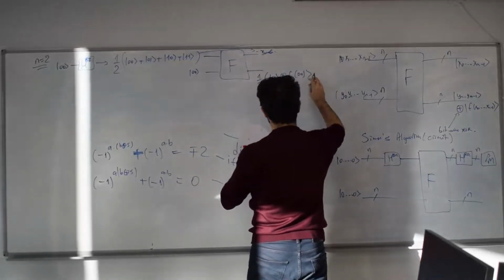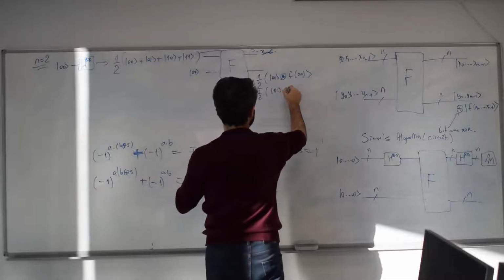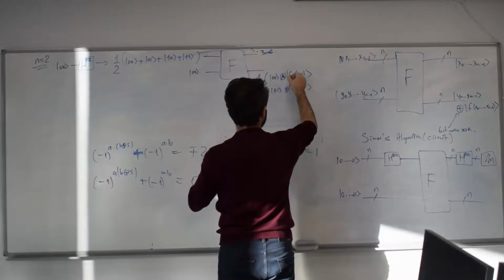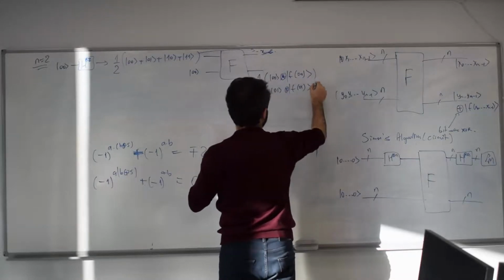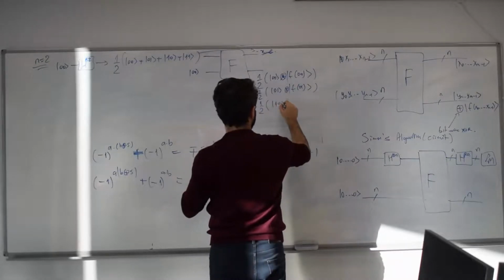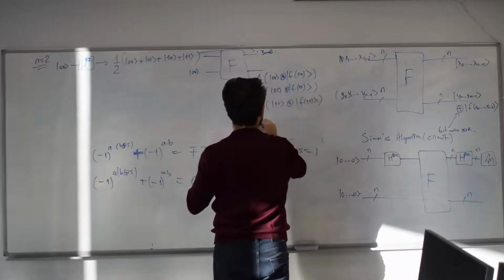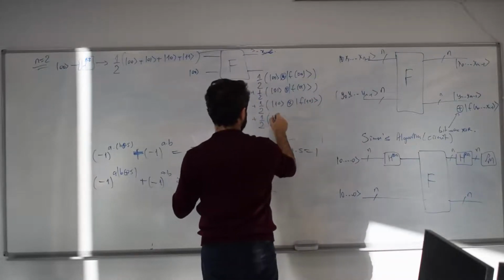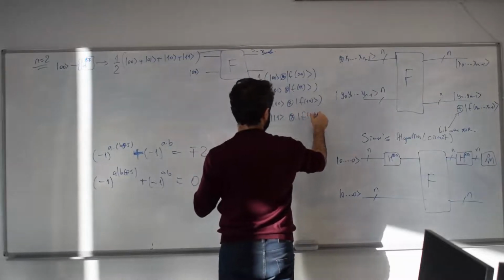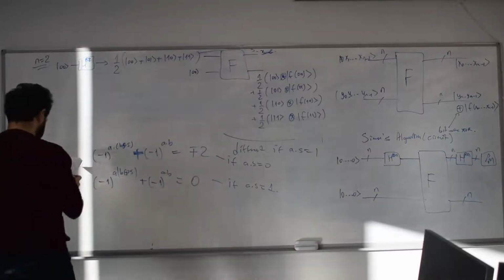And plus 1/2, 0, 1, tensored with f(0, 1). And we have another 1/2, 1, 0, tensored with f(1, 0). And finally we have 1/2, 1, 1, tensored with f(1, 1). Okay? And that's it.